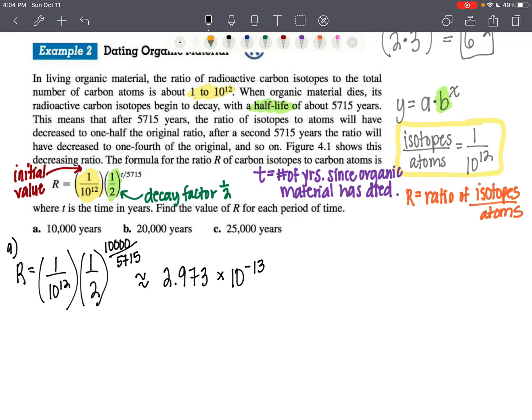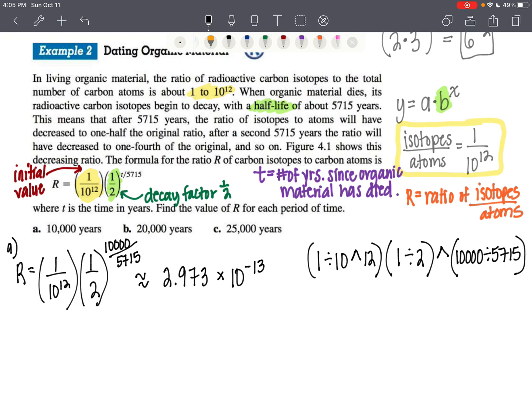So take a look at your calculator and make sure that you can read that properly in your calculator. If you did not get that, you're putting in parentheses 1 divided by 10, upper caret 12, end parentheses, 1 divided by 2, end parentheses, upper caret, parentheses, 10,000 divided by 5715, end parentheses.